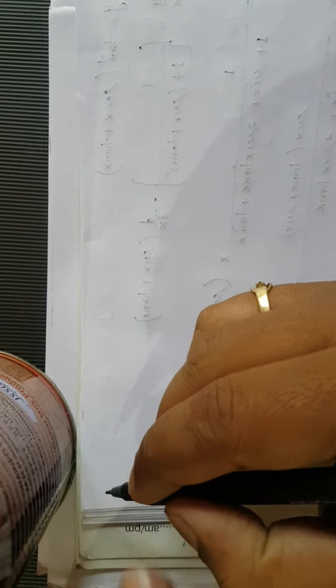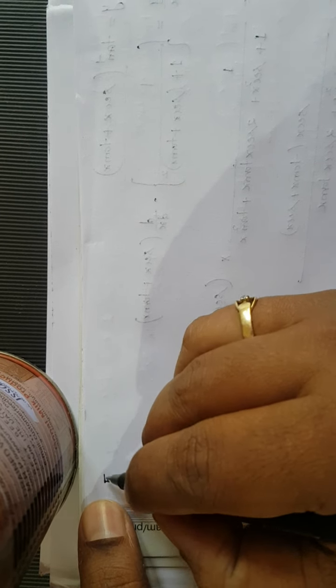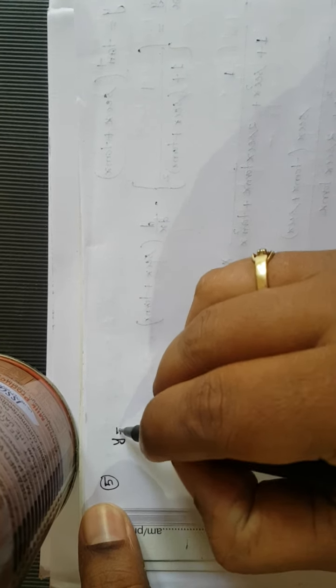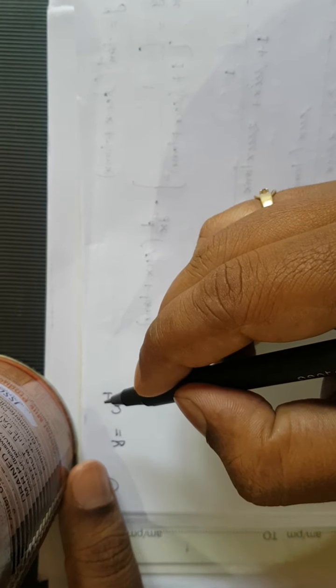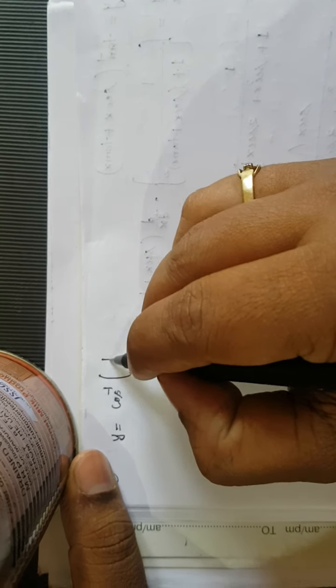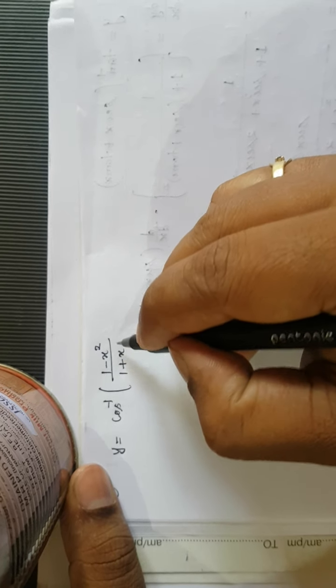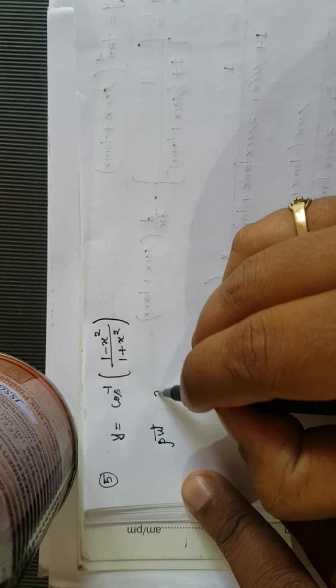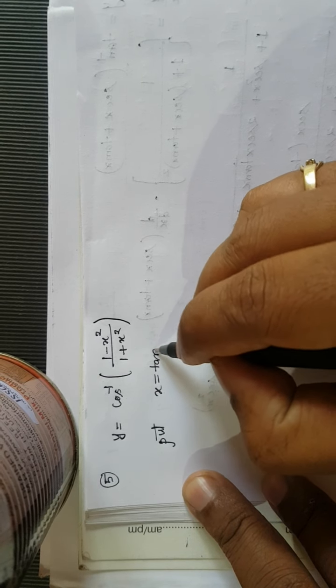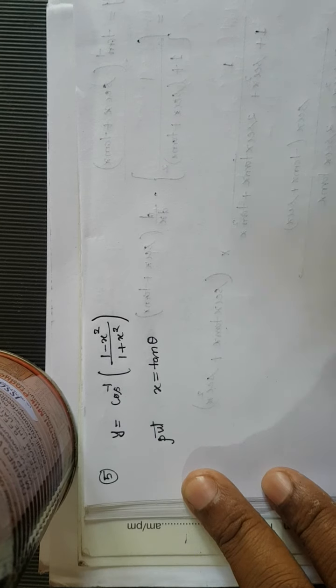Now number 5. y is equal to cos inverse of (1 minus x square) by (1 plus x square). Put x equal to tan theta again. Why this?